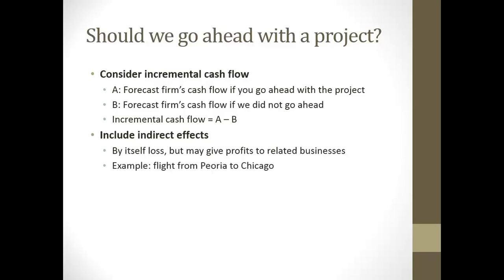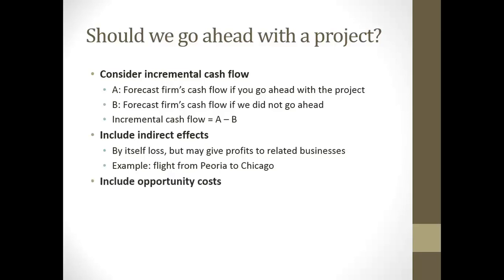But there might be a lot of customers who give additional incremental revenue out of flights from Chicago. For example, a person might want to go from Peoria to New York. So they would be taking a Chicago-New York flight. So the Chicago hub gets an additional flight from Peoria because of the Peoria-Chicago flight. So the indirect effect of the Peoria-Chicago flight is a Chicago-New York passenger.